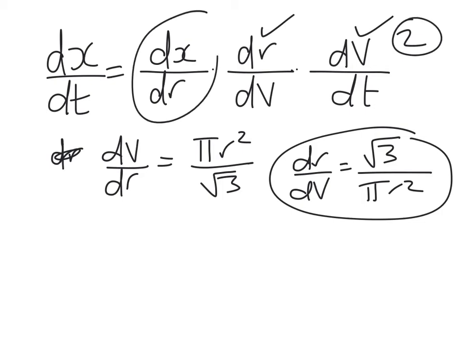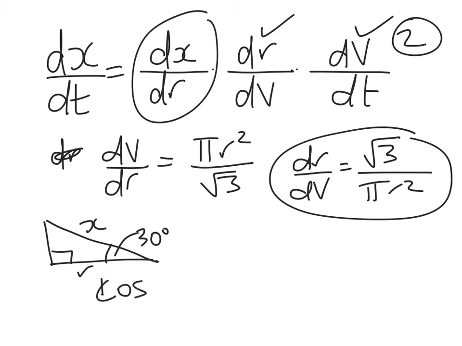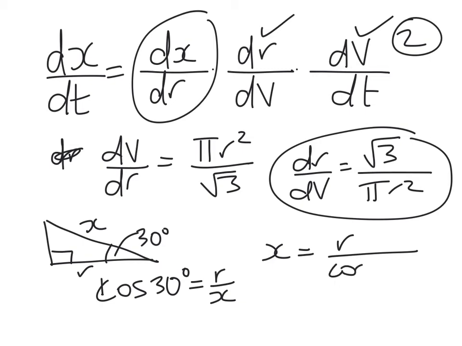The last thing we've got to look at is the link between x and r. But that is pretty simple too with our right angle triangle. 30 degrees. Here's x and here's r. So this time cosine 30 degrees is equal to r over x, adjacent over hypotenuse. X is equal to r over cosine of 30. But we know the cosine of 30 is root 3 on 2.